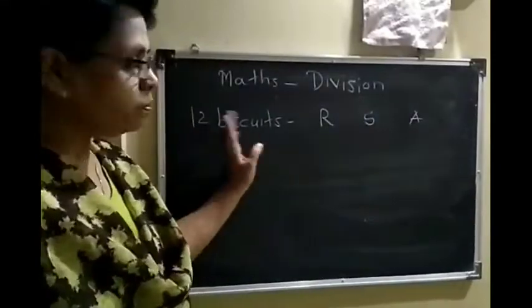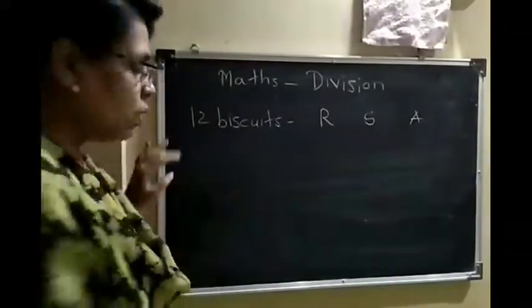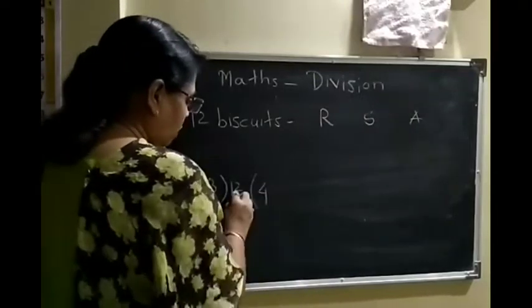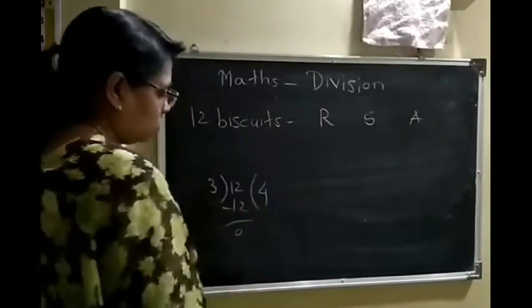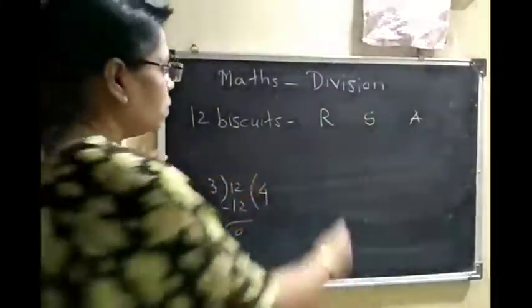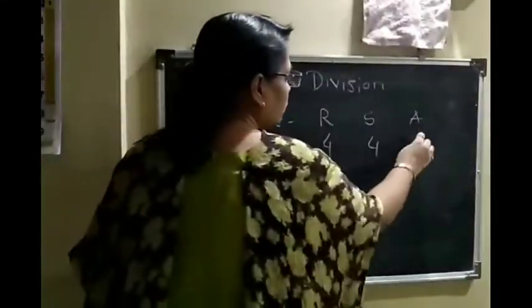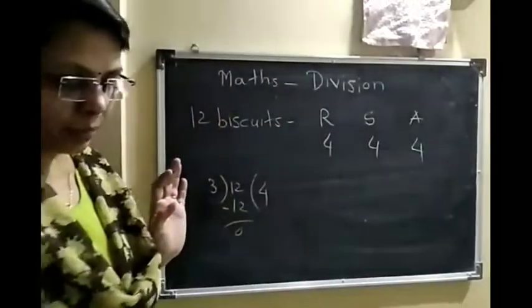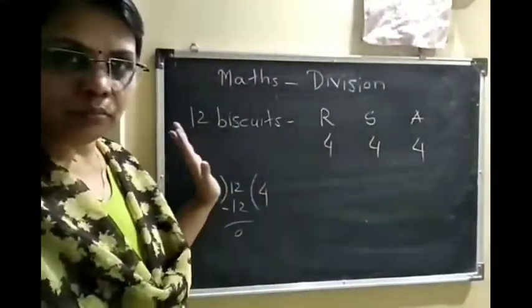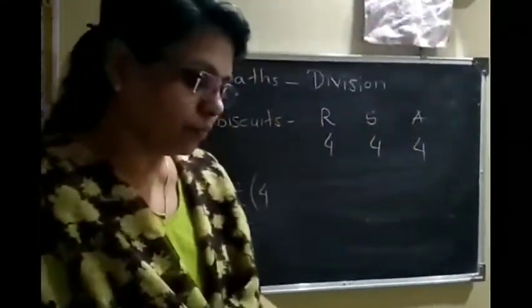Now divide these biscuits among these 3. Again divide it. 3 fours are 12. Here you got the answer 4. So each one will get 4 biscuits. In this way equal division has been done. So page number 87 we have completed.